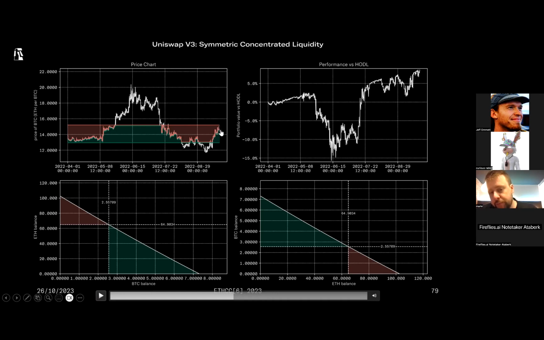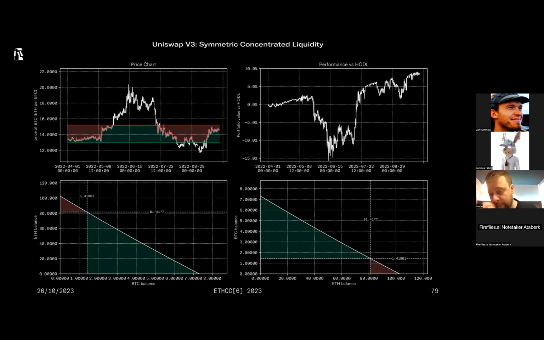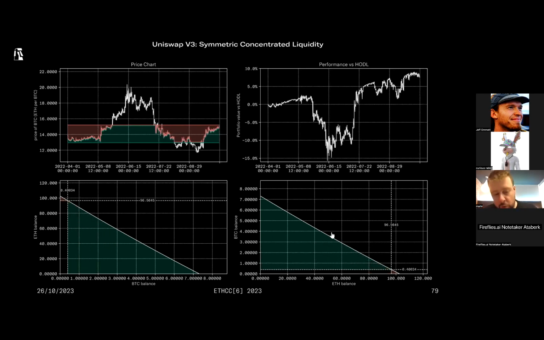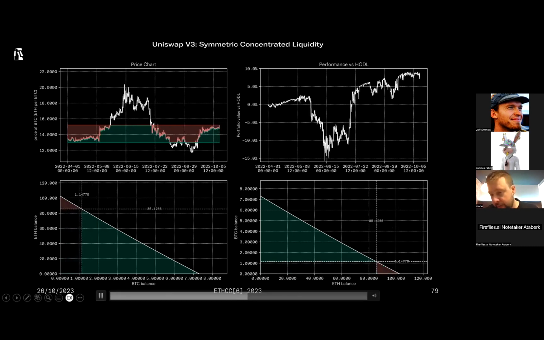And so the difference between where the current market price is and the edge of our liquidity bound is relatively small for Bitcoin and relatively high for Ethereum. And so we would expect that the amount of ETH liquidity that we have to be comparably large compared to the amount of Bitcoin liquidity that we've got left. And that's true on both of these charts. And again, this is just a redundant way, maybe overly repetitive, of showing you that there is a symmetry here. They are effectively the same chart.